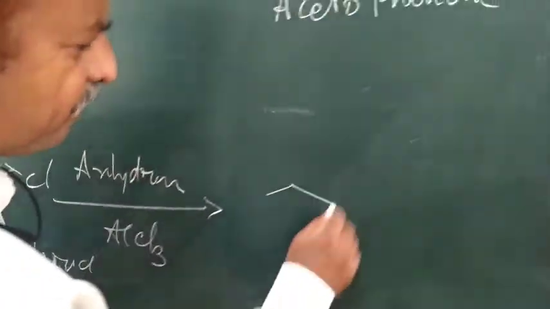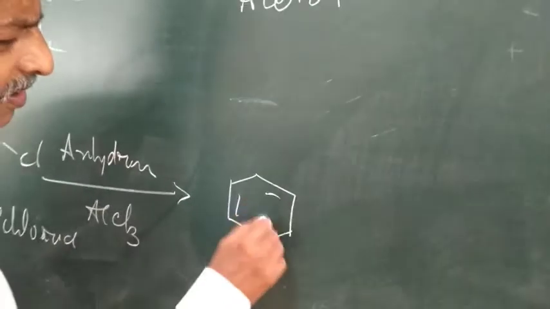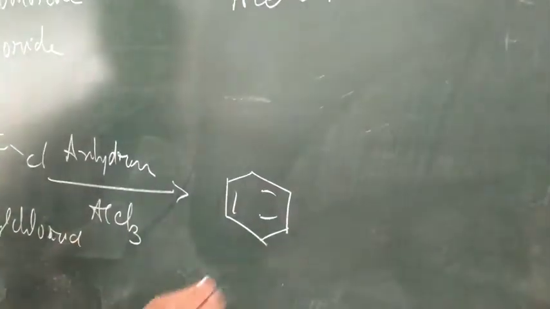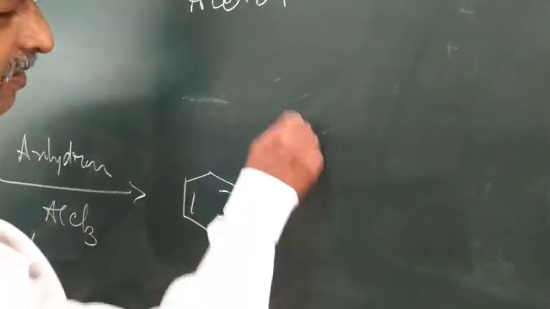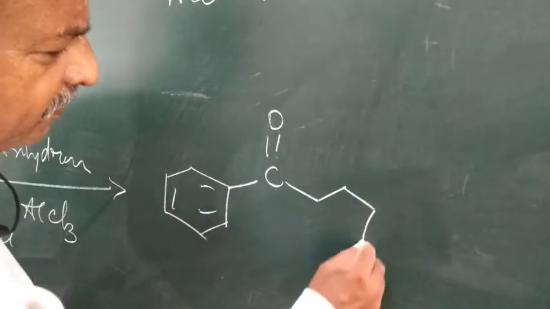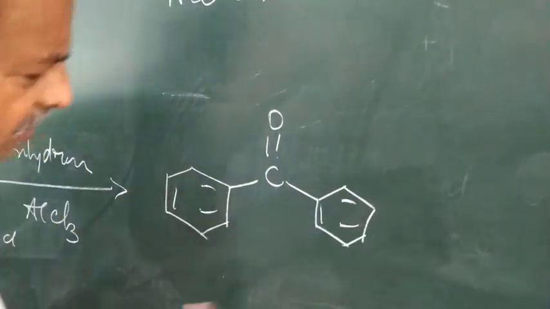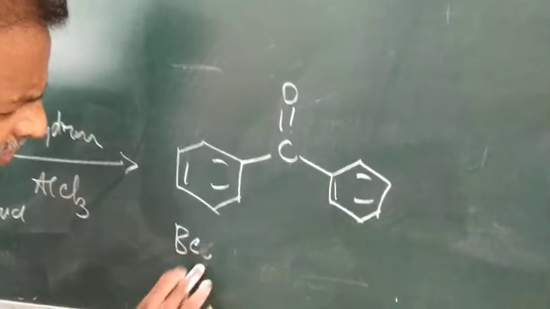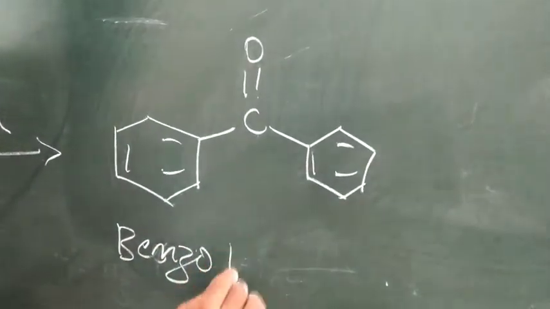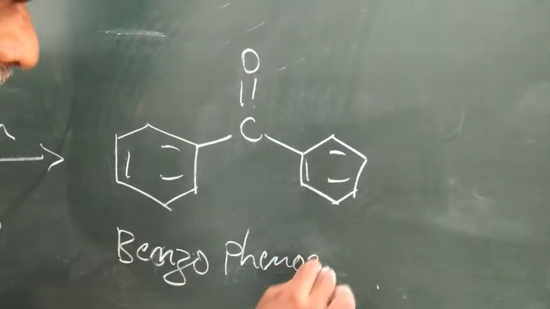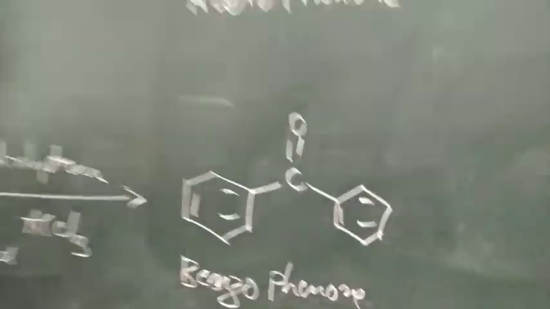Therefore we get, so this benzoyl group is introduced on the benzene ring. This is benzophenone. This substance is benzophenone.